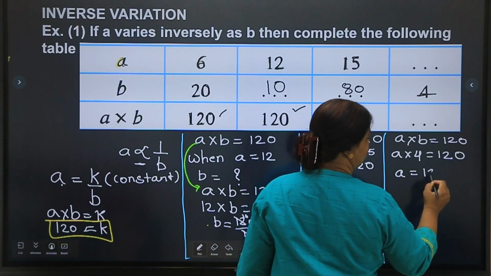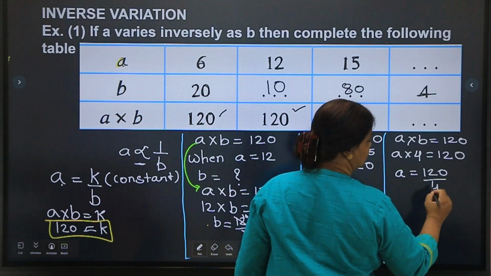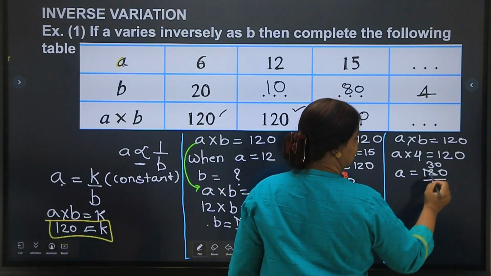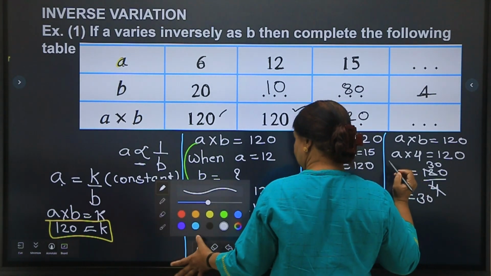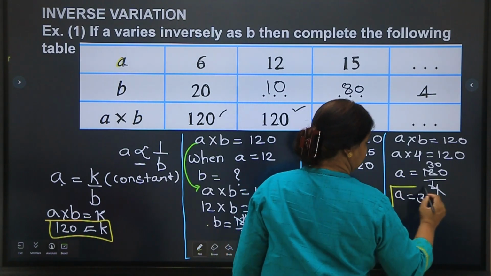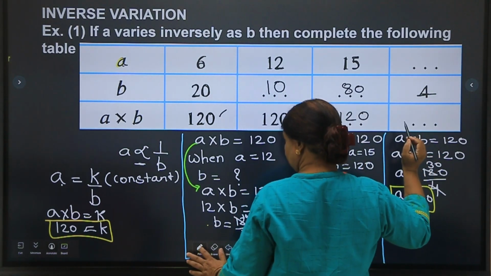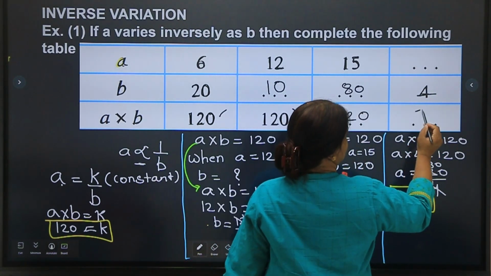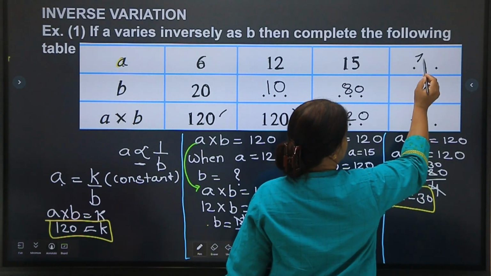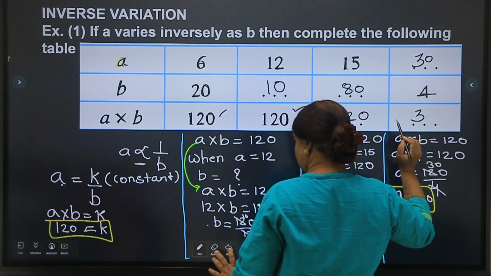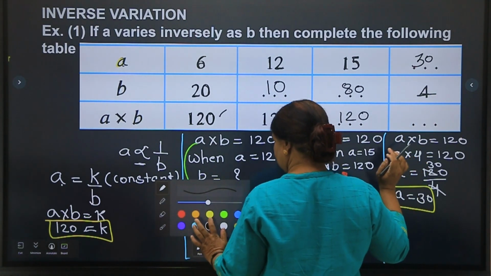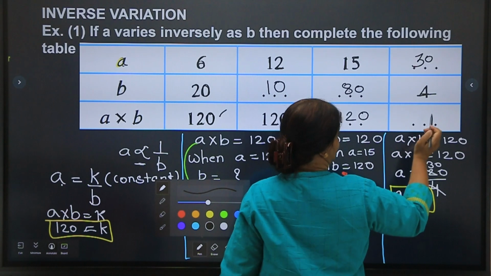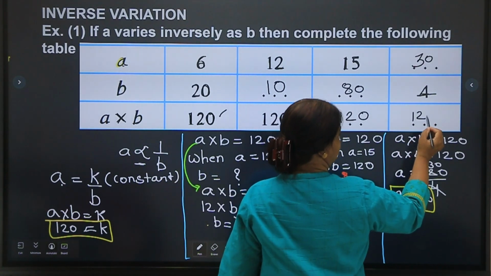A is equal to 120 upon 4. 4 30s are 120. So A is equal to 30, and here A into B is 120.